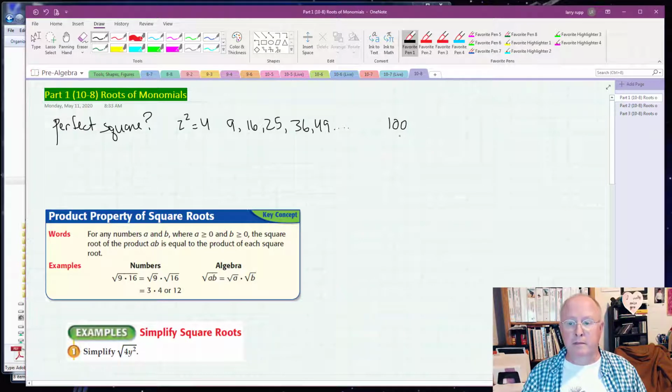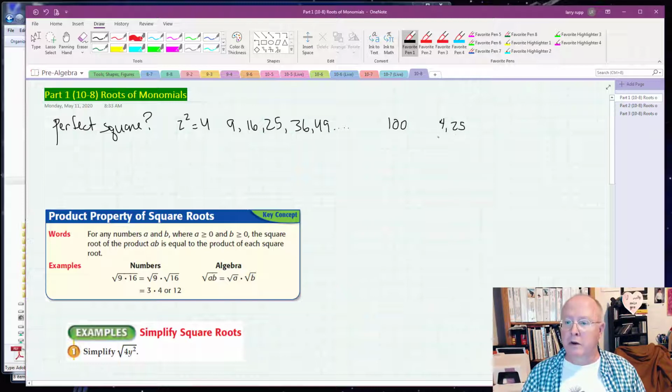You get the idea. Of those, which ones are perfect squares? Well, I will tell you: 4 and 25. 4 times 25 gives you 100, but 4 is a perfect square, and so is 25.